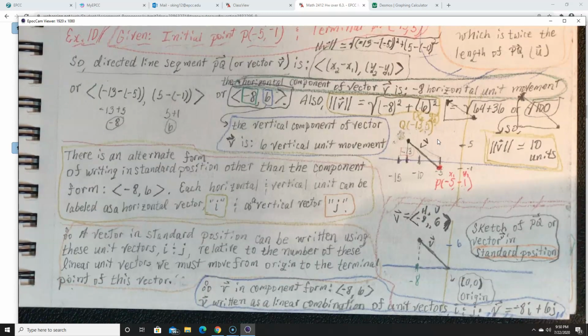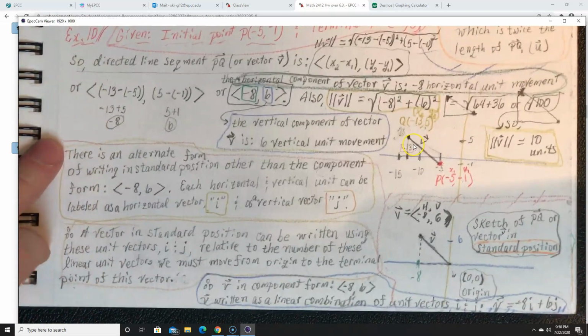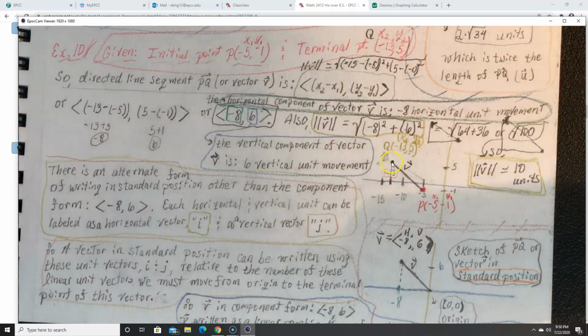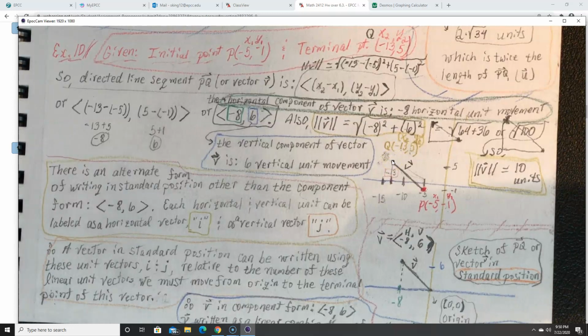So, what was the question? Given initial point -5, -1, terminal point -13, 5. Seems like it's been a long time already, huh? Sorry. But I'm using these first two problems to introduce virtually, not quite everything, but a lot of it.